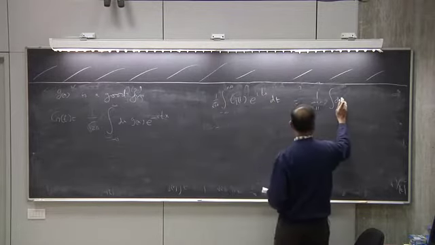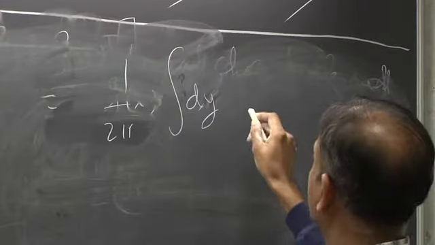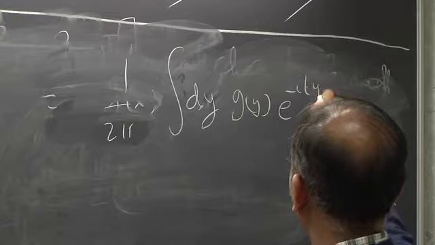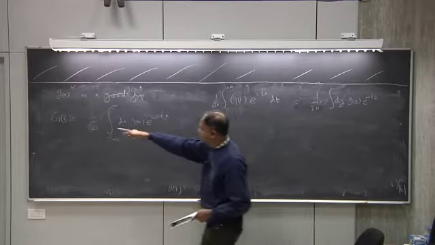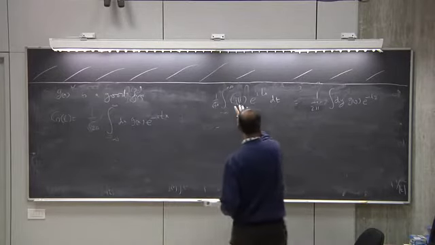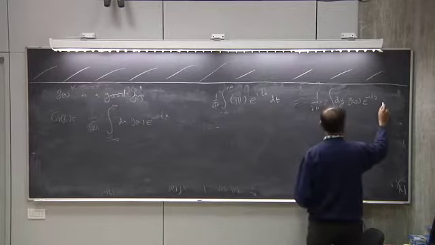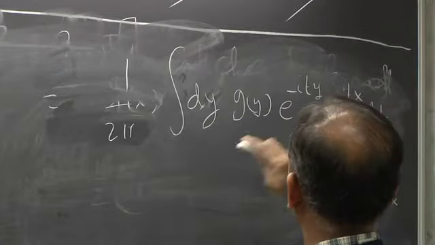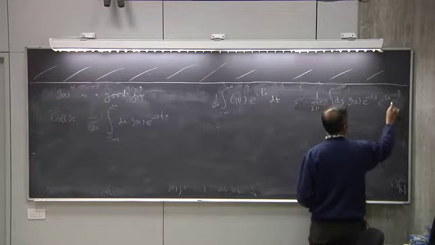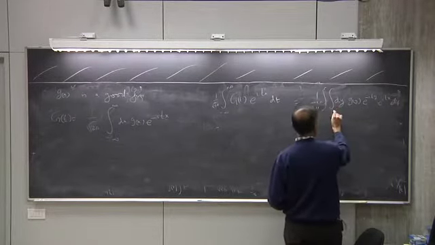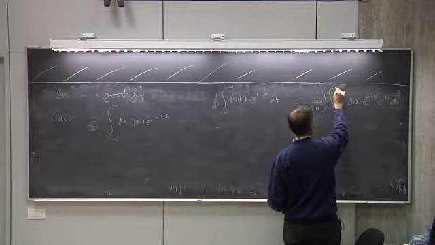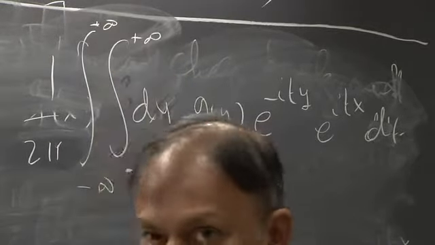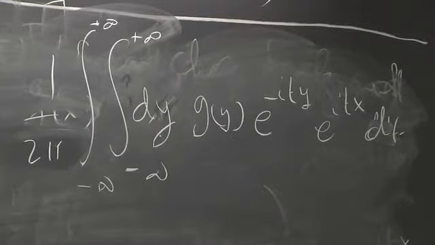So let me use y: dy, g of y, e to the minus i t y. That is the capital G of t. So I substituted that there. Then I have to multiply this by e to the i t x, and then integrate dt. So this integral is a y integral, and then there is a t integral. Right? I just substituted G of t.